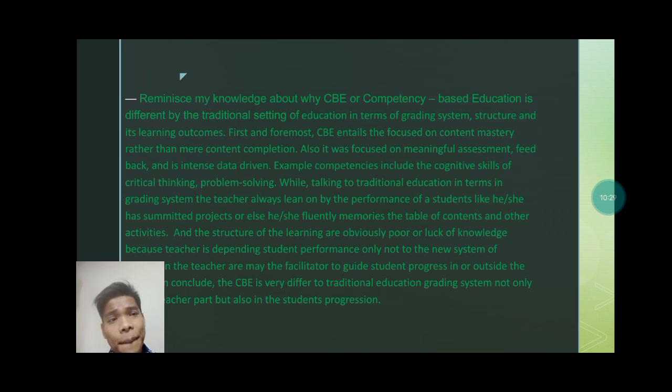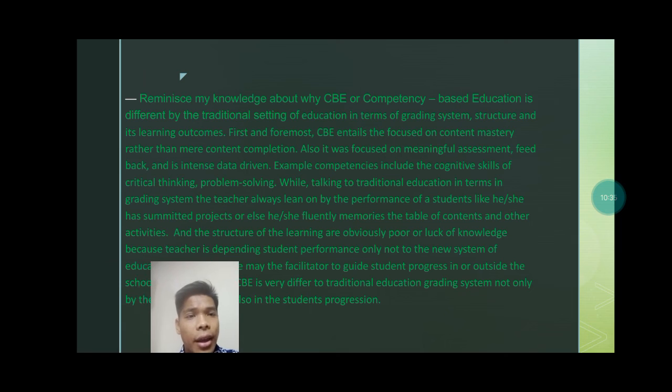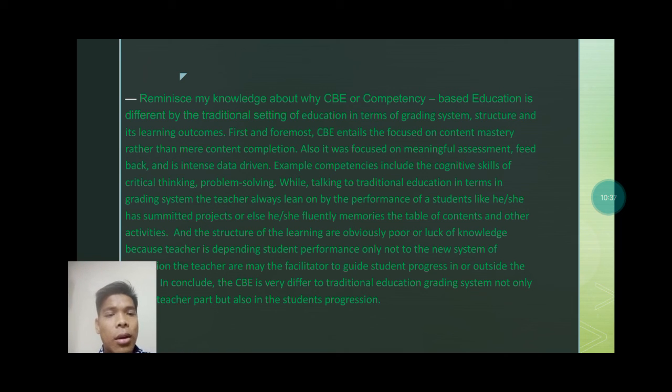The teacher may be a facilitator to guide students' progress inside or outside the school. So in conclusion, CBE is very different from the traditional education grading system, not only by the teacher but also the students' progression.